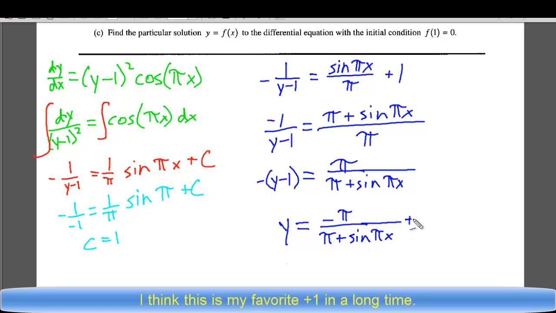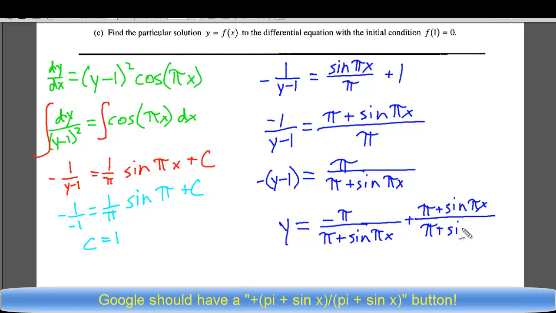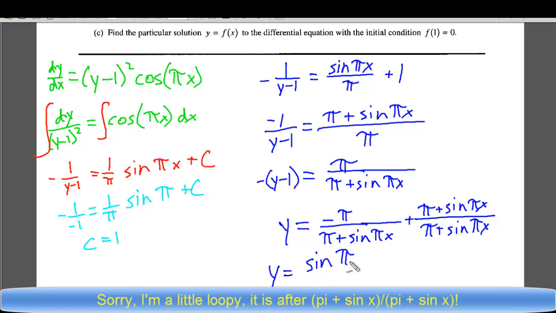Let's write that as negative pi plus (pi plus sine pi x) over (pi plus sine pi x). The pi cancel out, and so y equals sine pi x over (pi plus sine pi x).